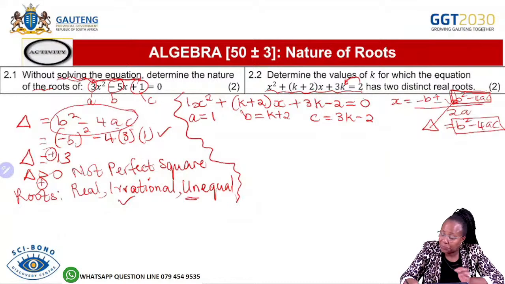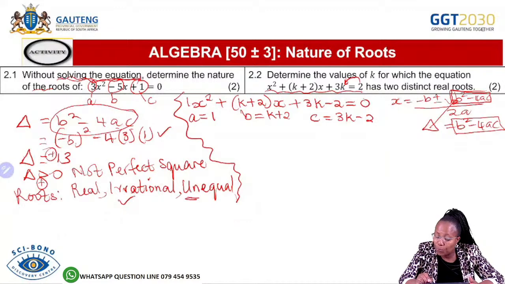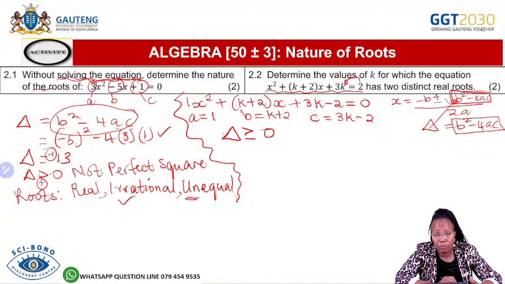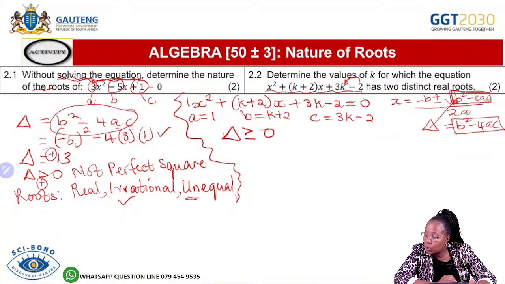Right, grade 12, they say it must be two real roots, and in order to be distinct roots, that means the discriminant must be greater than or equal to 0.